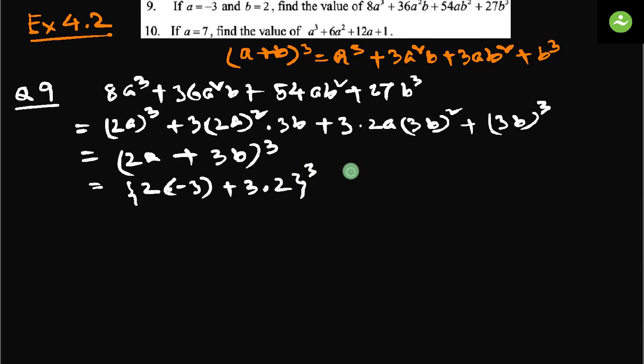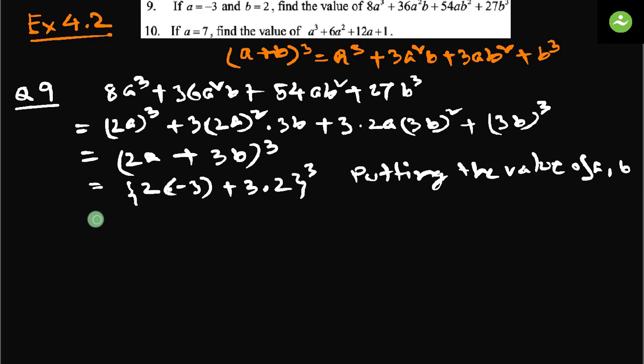Putting the value of a and b, equals 3 into 2, 6, minus 6 plus 6 is 0.